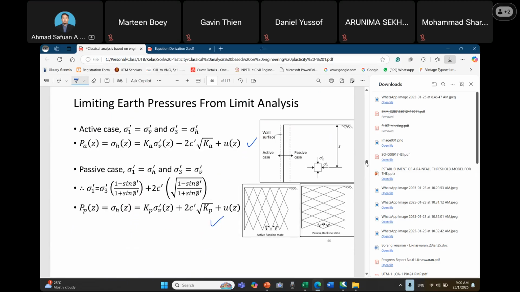So for the C and phi values, we use this equation. Actually, for soil number 1, we also can use this full equation. Since C is 0, we only rely on the first sub-equation.